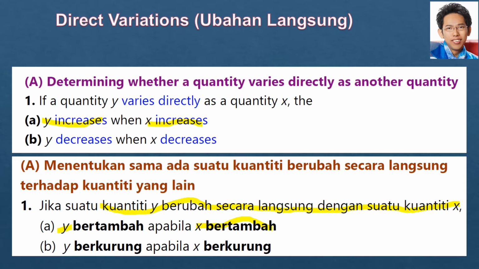So if the other one is decrease, the other one also decrease. Meaning to say, if y increase, x also following increase. So this one we call direct. Okay, so this is the meaning of direct variations.